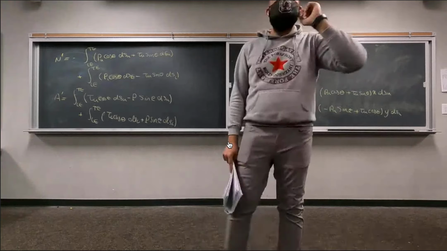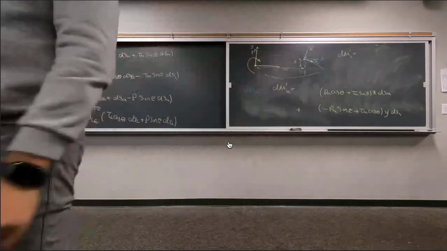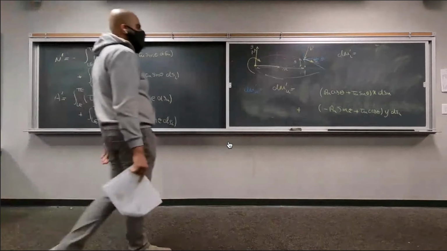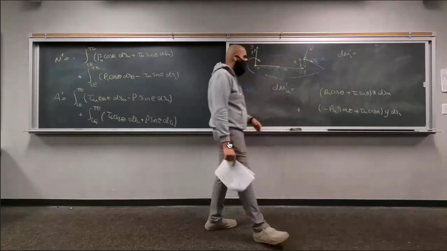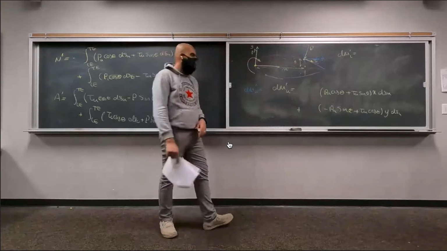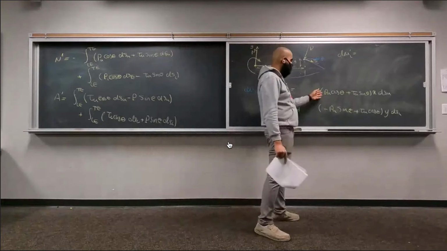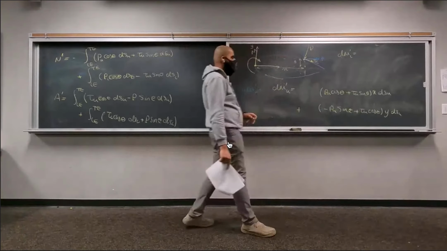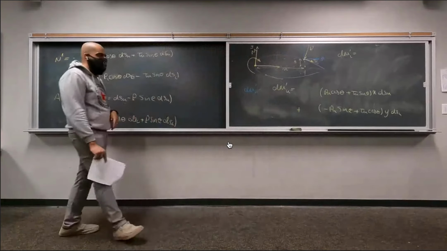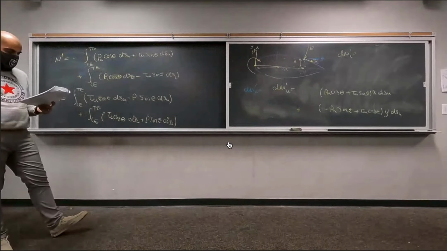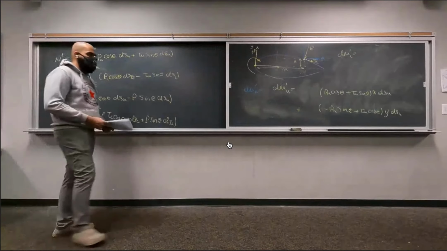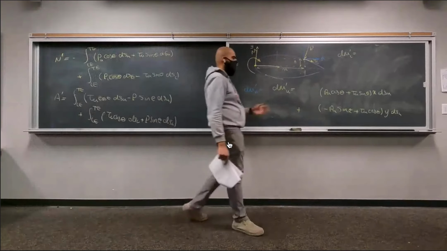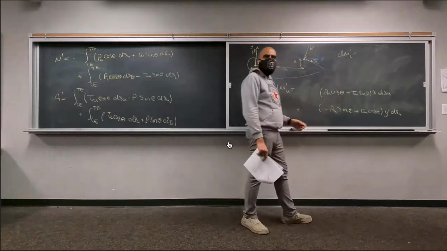The direction of pressure. You're going to get the same equation for the lower surface as well. The only difference is going to be the direction of pressure. So you're going to get negative P_L cosine of theta plus tau_L sine of theta times x ds_L, and plus positive P_L sine of theta, tau_L cosine of theta times y ds_L.